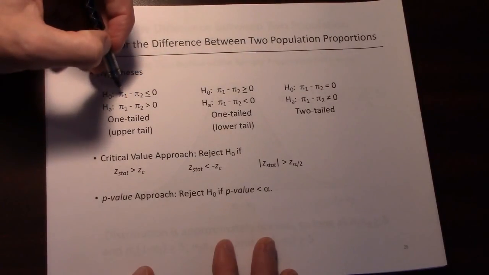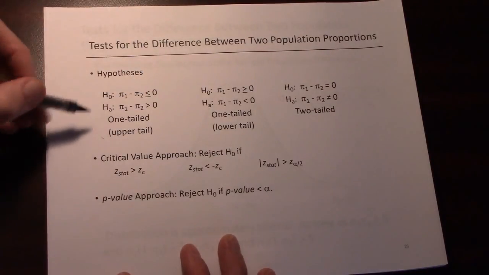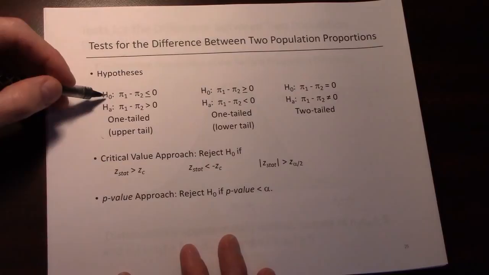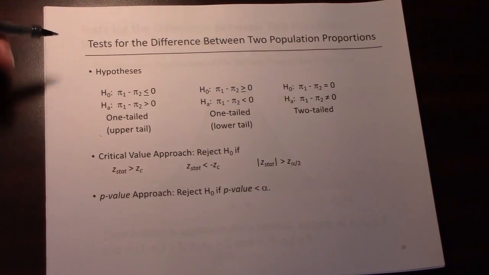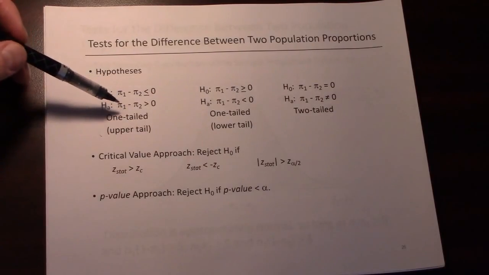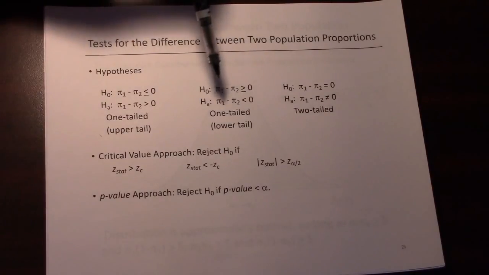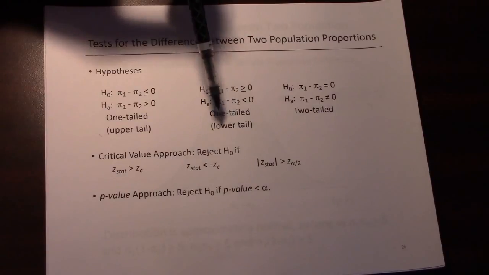We would say the proportion of men minus the proportion of women is either 0 or less than 0. And if we find overwhelming evidence that this is positive, then we could reject the null hypothesis and assume the alternative hypothesis. So in that case, if we're trying to prove something specific, we could use the one-tailed test. If we're trying to prove the other direction, we could use a one-tailed test on the other side.